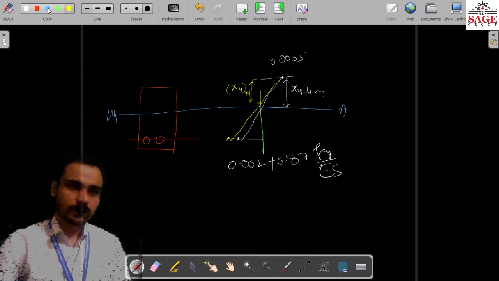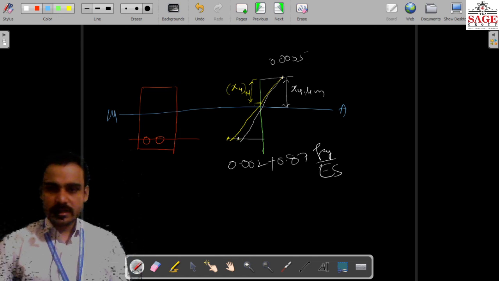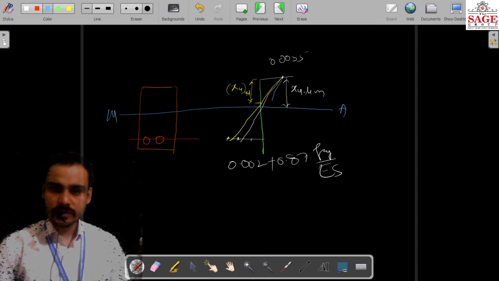And if we talk about the over reinforced section, when the strain in concrete is 0.0035, the strain in steel is less than its minimum value. That means the profile will be like that. And the strain at that particular point of steel will be less than the designed value.